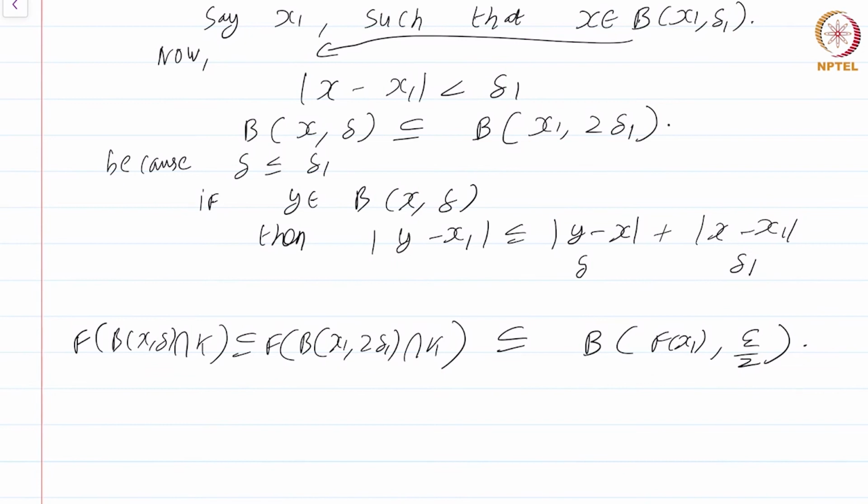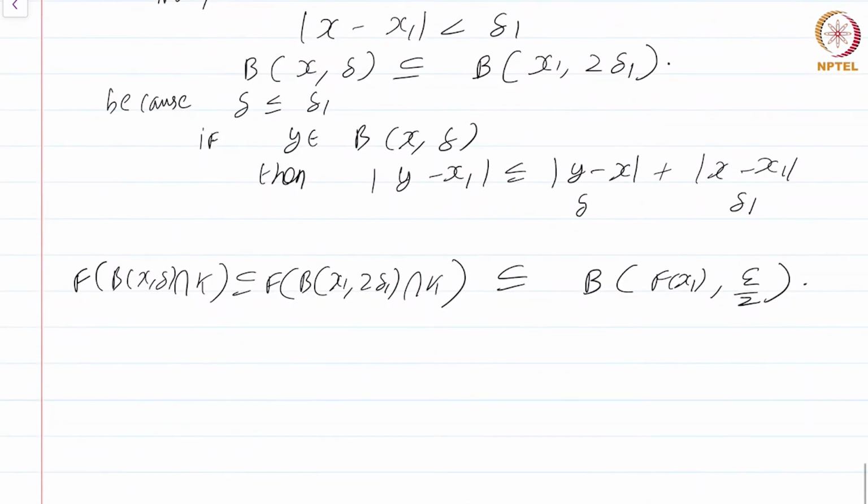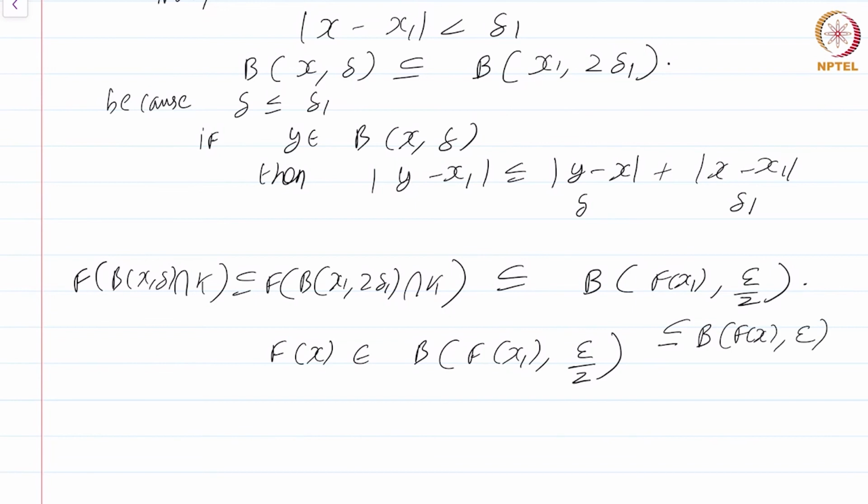Okay. How does this solve the problem for us? Well, f of x is obviously there as an element of B(f(x1), epsilon by 2). Right? f of x is certainly going to be an element of this. Well, by simple logic, we see now that this thing is going to be contained in B(f(x), epsilon).